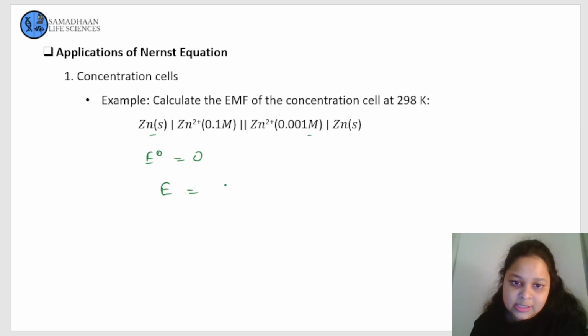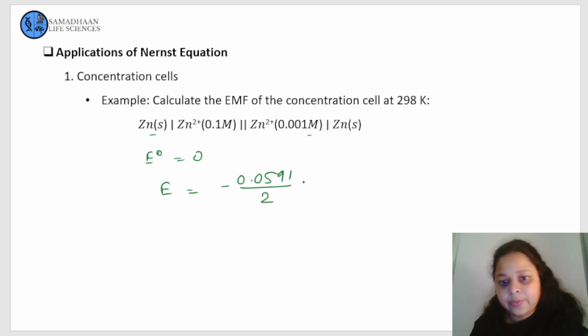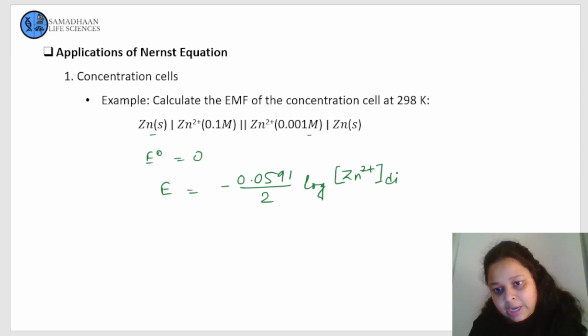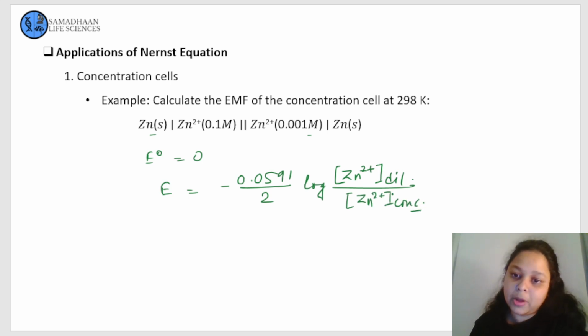So E is minus 0.0591 divided by n, here 2 electrons are transferred, so n equal to 2, and log of the concentration of Zn2+ from the diluted side divided by the concentration of Zn2+ from the concentrated side, because we will consider the diluted side as the anode. The oxidation will happen here.